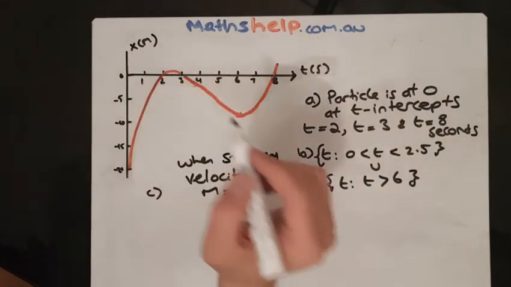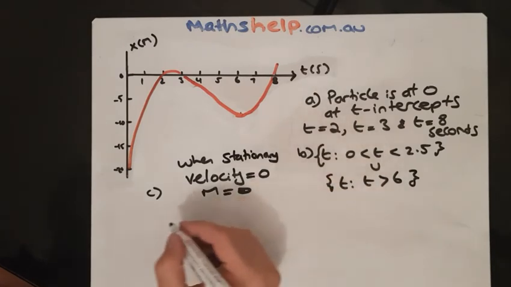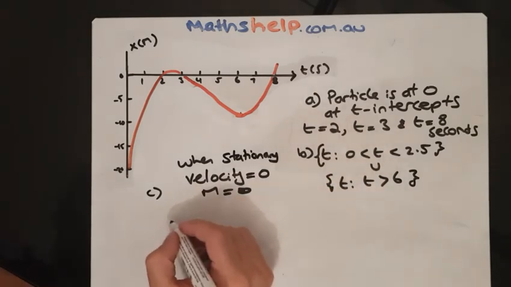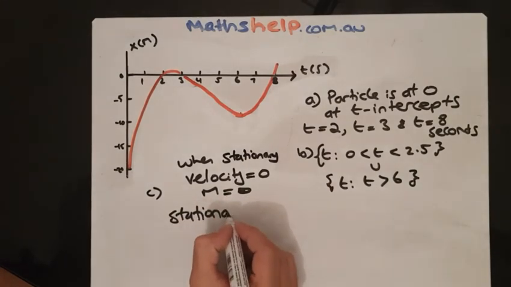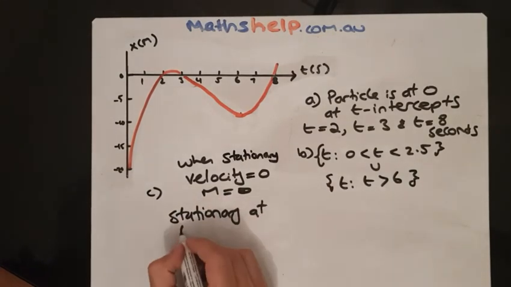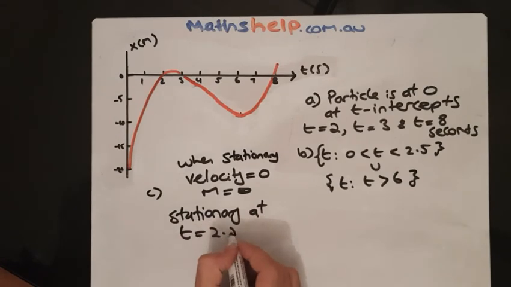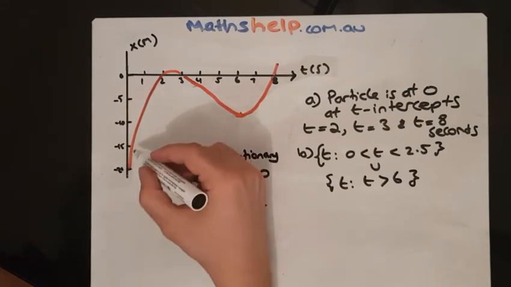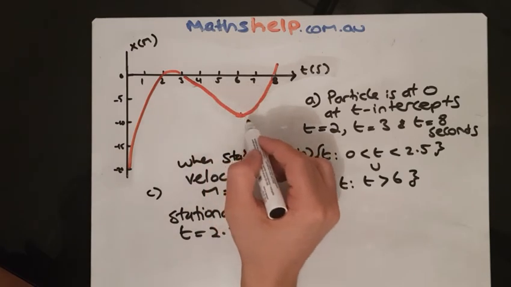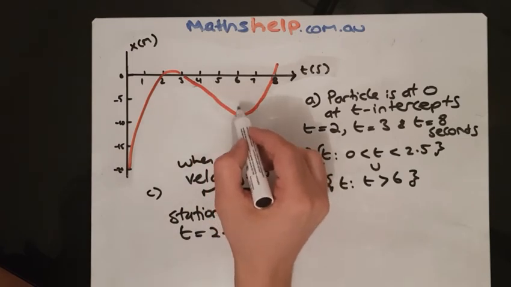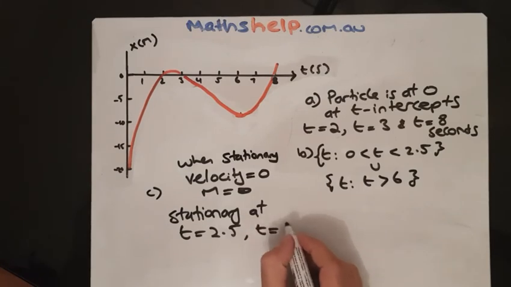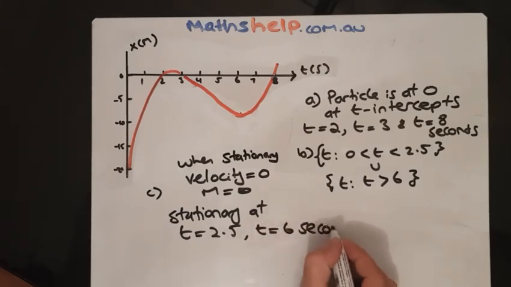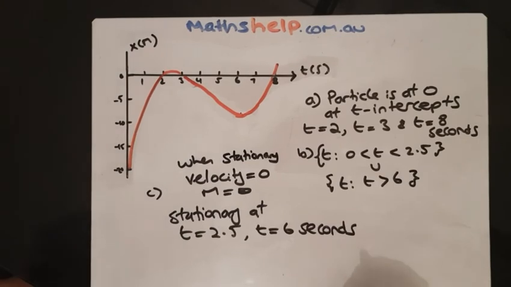So at 2.5 our gradient equals 0, therefore we're stationary at t equals 2.5. Also, we're going to be stationary at this point here, so at t equals 6 seconds.